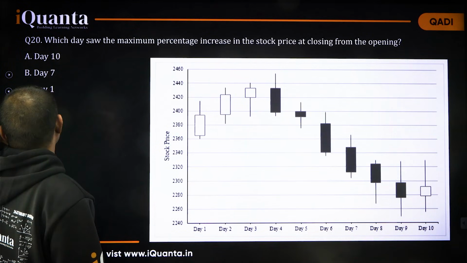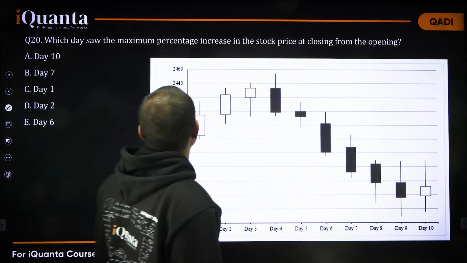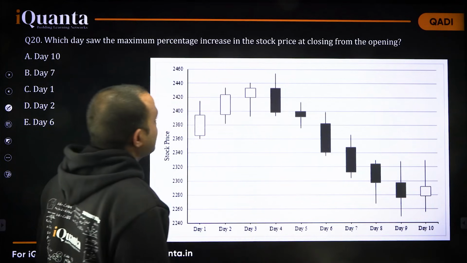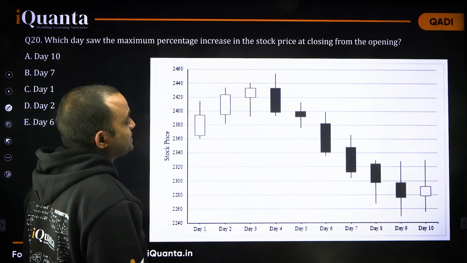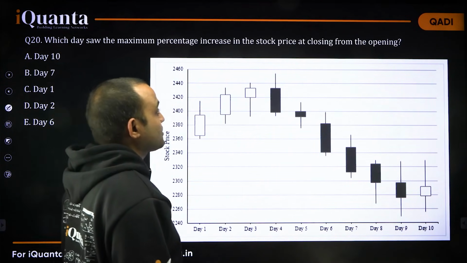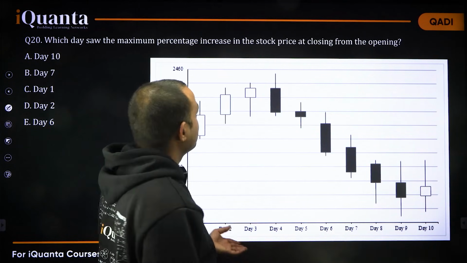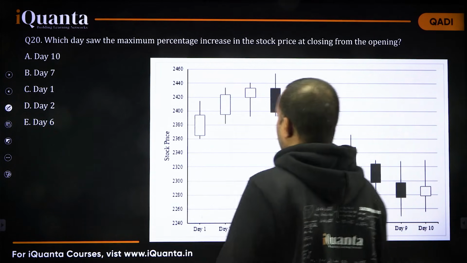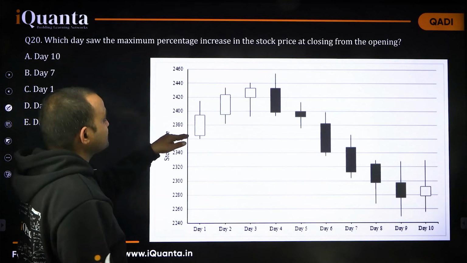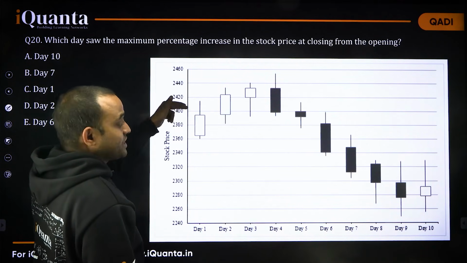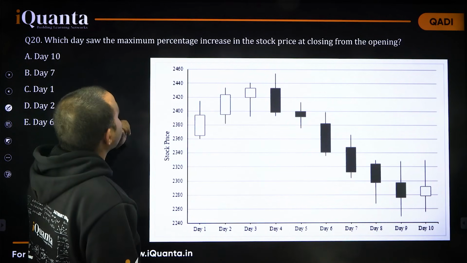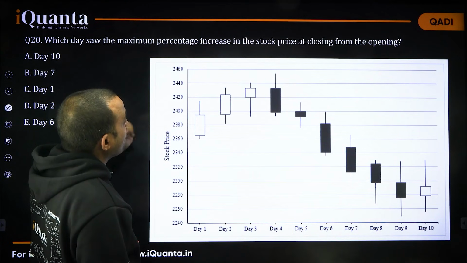So the first one says: on which day was the maximum percentage increase in the stock price at closing from opening? The closing is the upper one in the white ones, and the opening is the lower one.